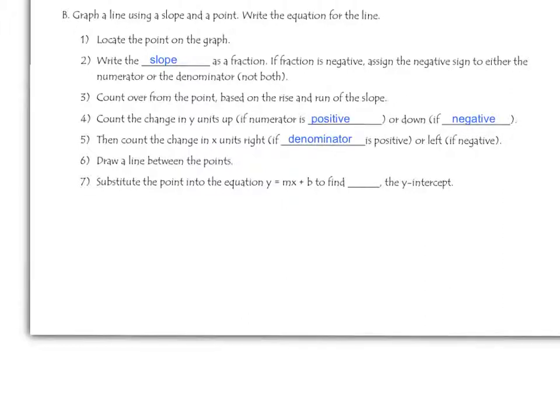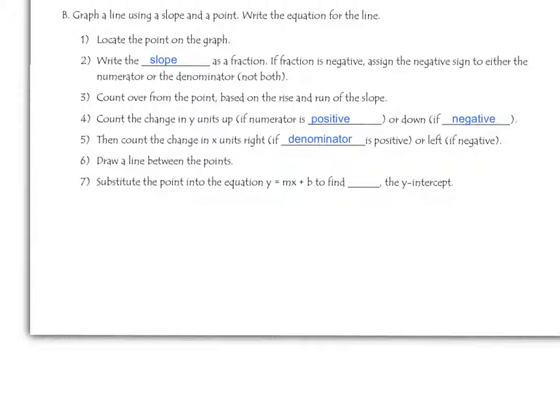So to reiterate, in step 4, you count up for your numerator and over to the right for your denominator if they're both positive. But if the numerator is positive and the denominator is negative, you count up for the numerator and to the left for the denominator.